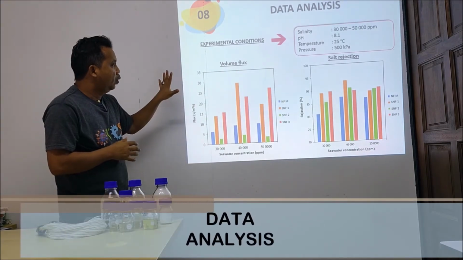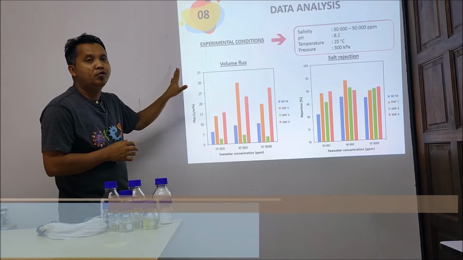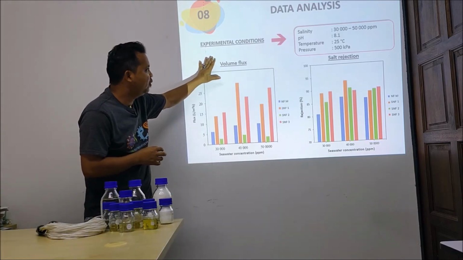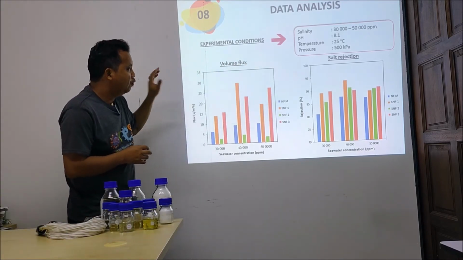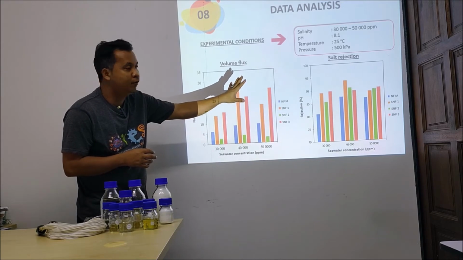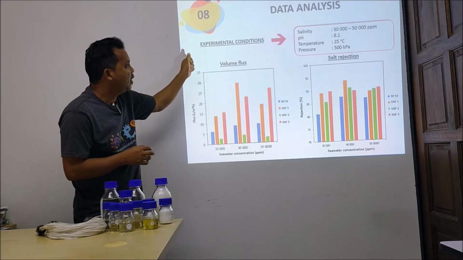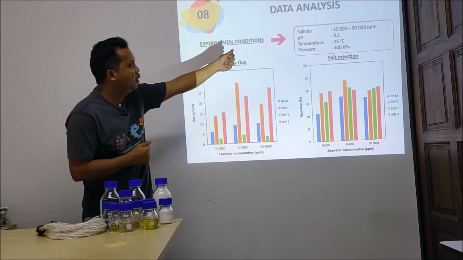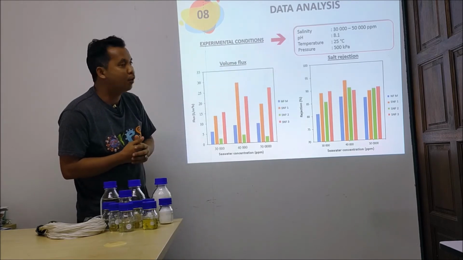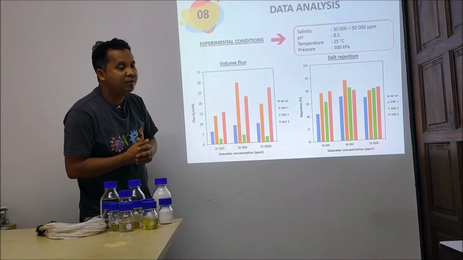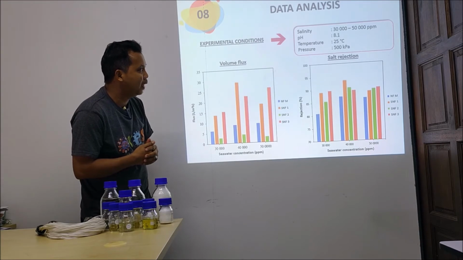Data analysis. We focus on two main parameters, that is volume flux and salt rejection. For these two performance parameters, we set the experimental condition with the pH at 8.1 and salinity from 30,000 up to 50,000 ppm.